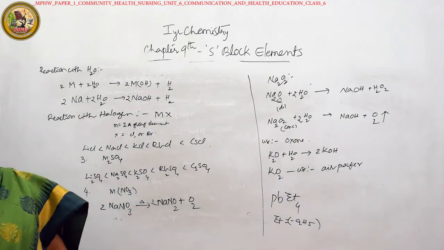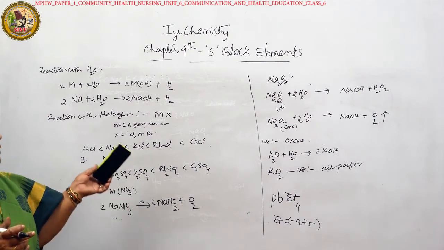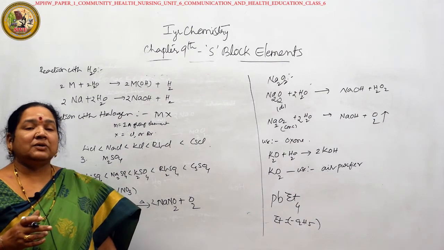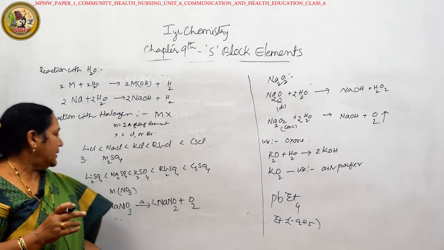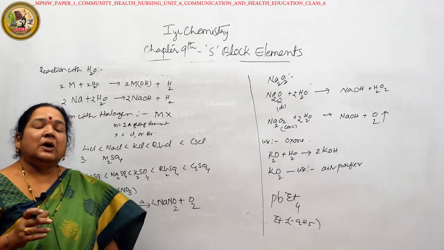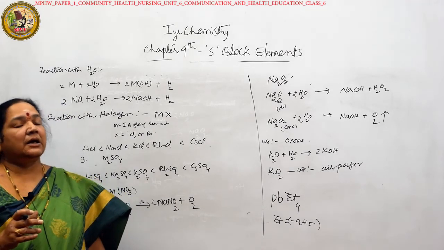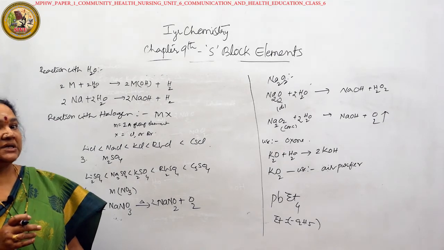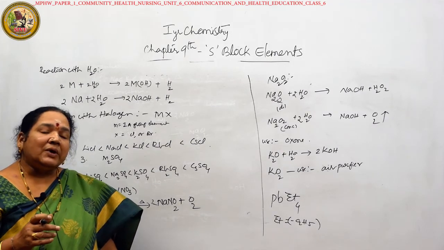Once again, the summary: almost all these metals give color in the flame, lithium gives crimson red, sodium yellow, and the remaining elements give violet.